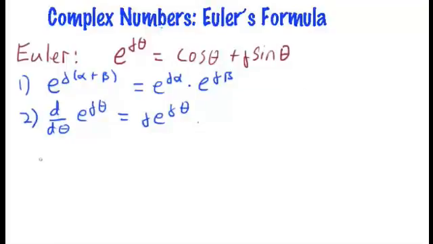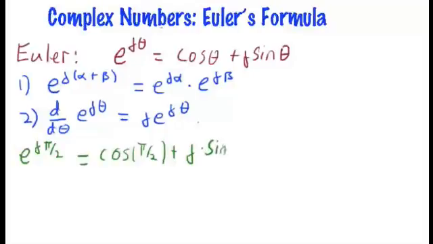Let's look at some very simple but important examples. Starting, e to the j pi over 2 equals, well, we put pi over 2 in the right-hand side of Euler's formula, and we get cosine pi over 2 plus j times sine pi over 2.